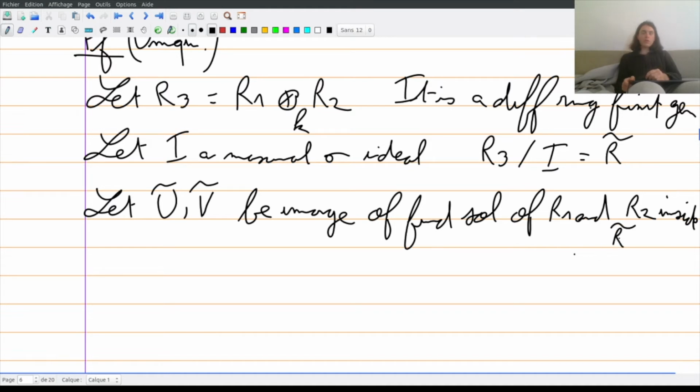Remember that R1 and R2 are Picard extensions, therefore they are generated by fundamental matrices.